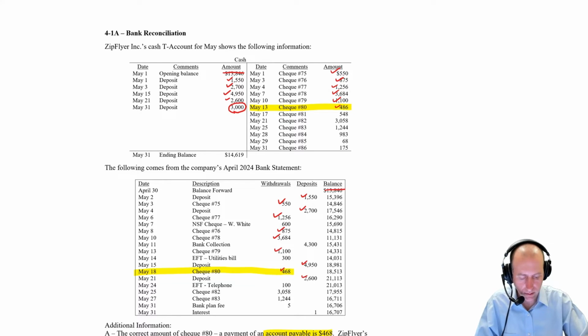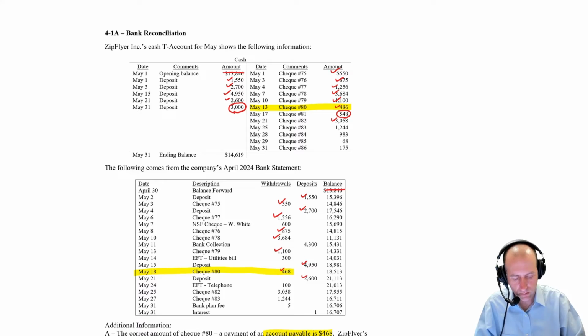And remember, this side of the bank rec is all about what the bank has missed. A check for $548, I think the bank doesn't have that one. A check for $3058, the bank does have. Check for $1244, definitely the bank has that. And the last few checks the bank does not have, and this is very typical.